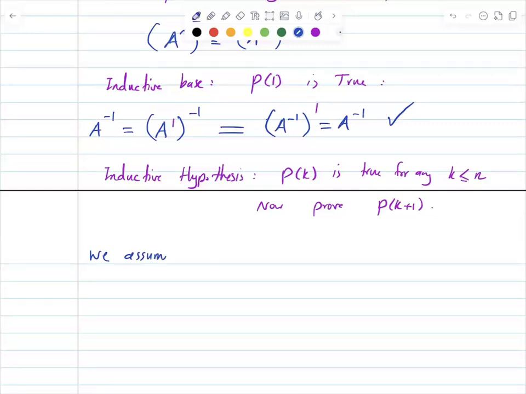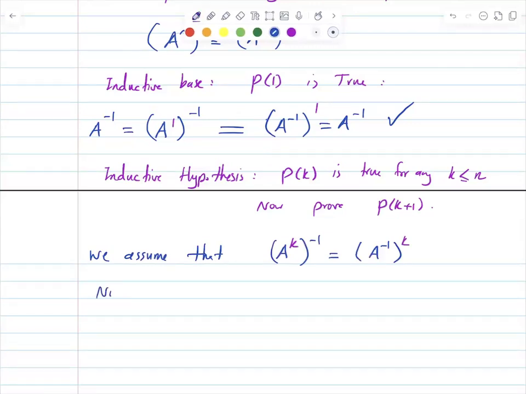We hypothesize that if I have A to power k and find the inverse, it is equal to the inverse of the matrix to power k. Now we need to show that it's true for the next step.